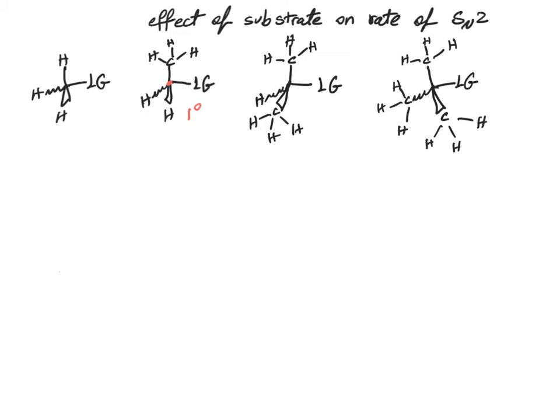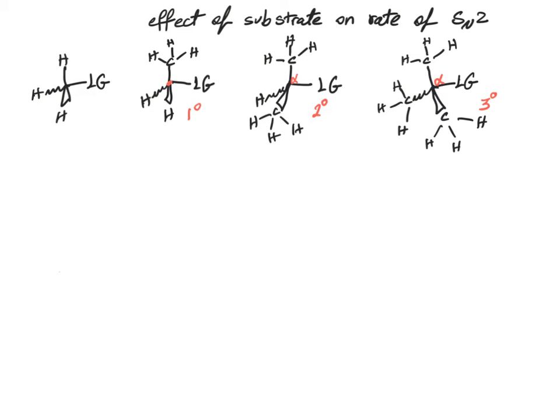Alpha carbon is bonded to one other carbon and 2 hydrogens. Substrates can be secondary, like this one. Alpha carbon is bonded to 2 other carbons and 1 hydrogen, and tertiary substrates, where the alpha carbon is bonded to 3 other carbons.